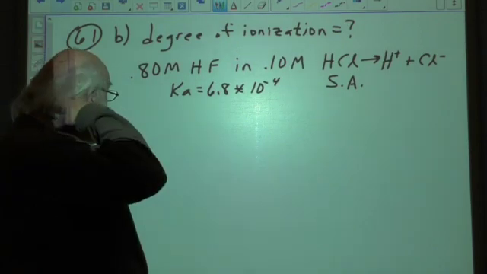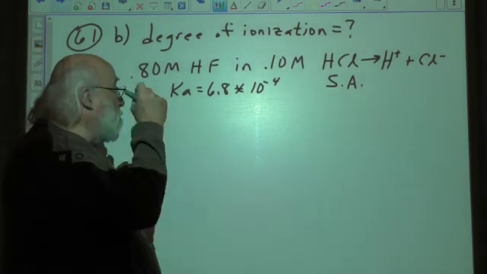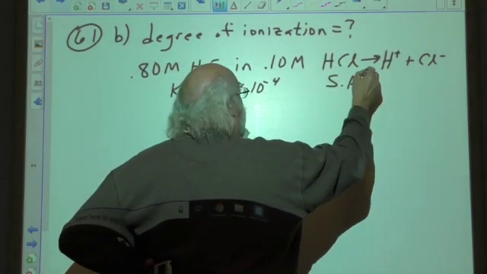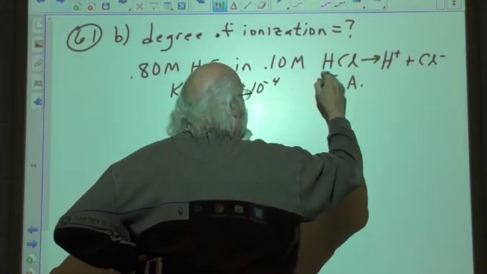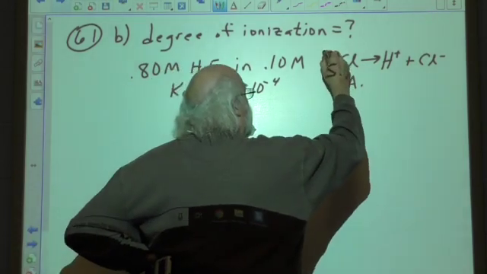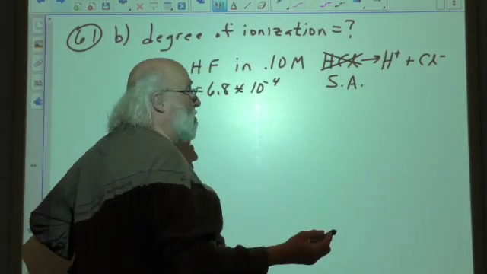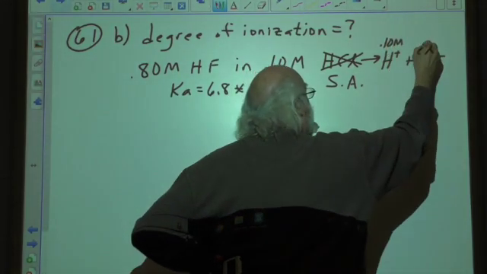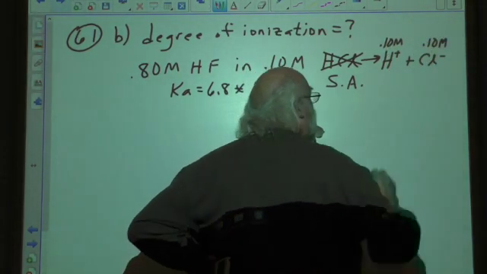Okay, so the fact that we have 0.10 molar here, and this is a strong acid, it's going to break down completely, that's going to leave us no HCl when the reaction is completed, and 0.10 molar of the hydrogen ions and 0.10 molar of the chloride ions.